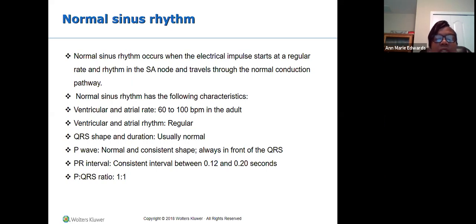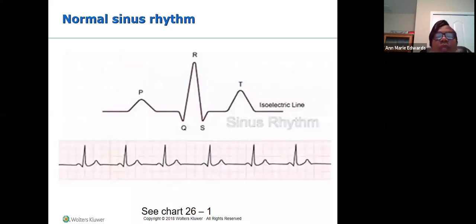And the P to the QRS ratio should be 1:1. You should have a P wave for every QRS complex because it is P, Q, R, S, T. Okay? So this is our normal sinus rhythm.